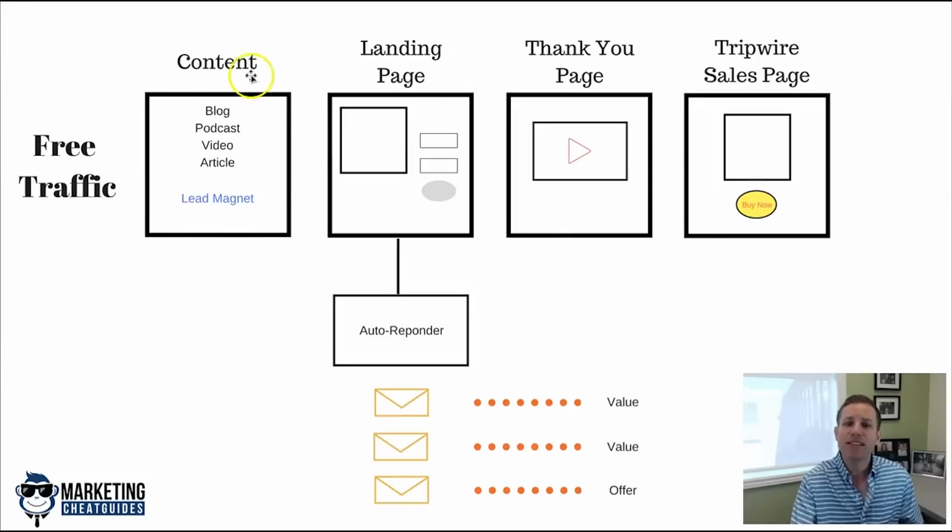So you need to create some kind of content for your ideal prospect. Then you need to set up a landing page with a lead magnet. You need to set up that lead magnet, thank you page, and some kind of offer at the end. You need to set up your autoresponder and have some emails in there that you're going to drip out over time to give more value and ultimately push them to an offer.